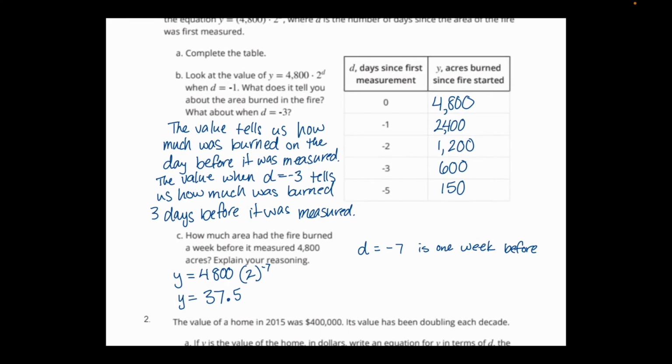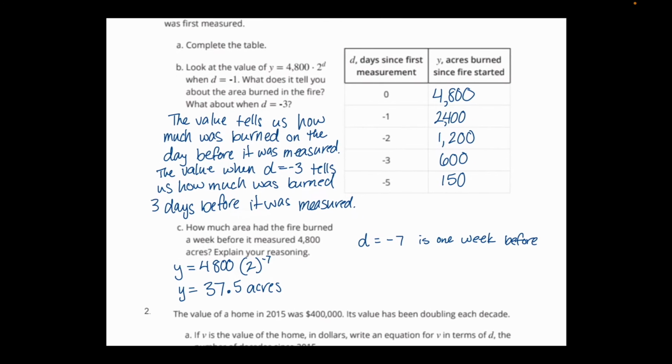So we're going to say that many acres was our answer. And then we're going to explain our reasoning as d equaling -7 gives us the 1 week before. It's literally just the value of y when d is -7.